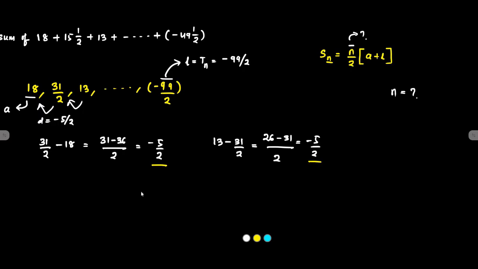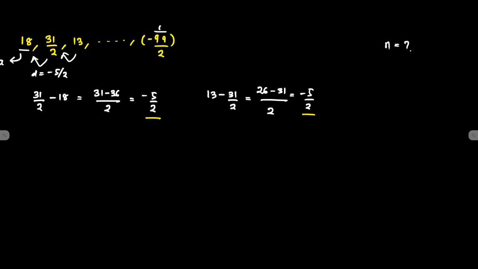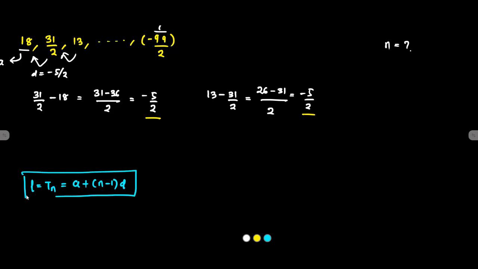We will do that using the general nth term formula, that the last term, Tn, is equal to a plus n minus 1 into d. This is the formula which we will use.